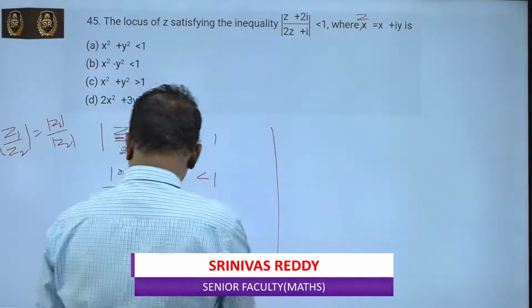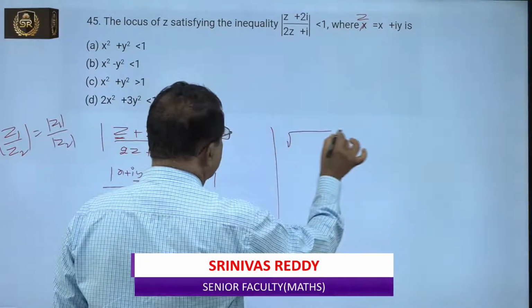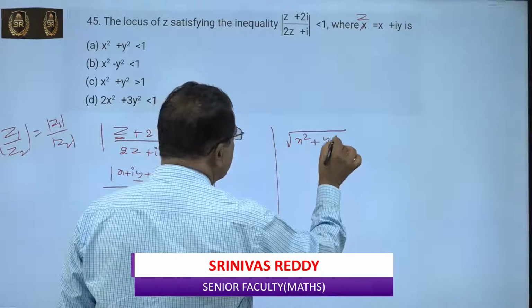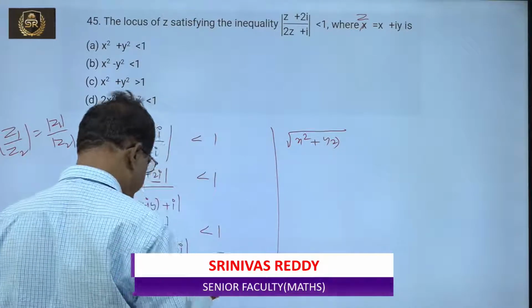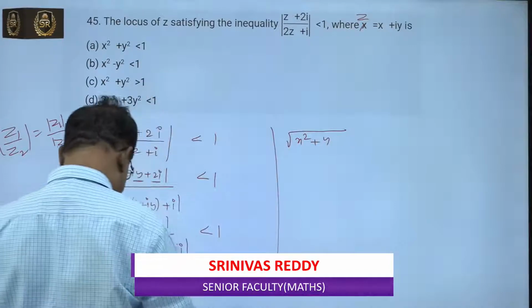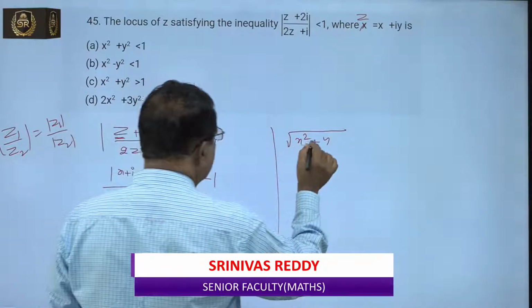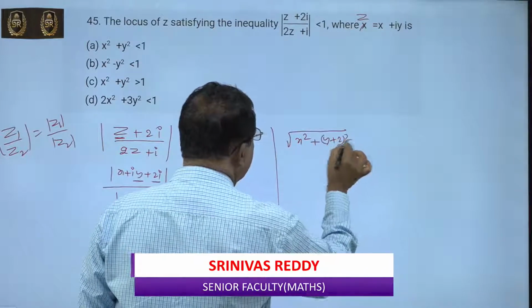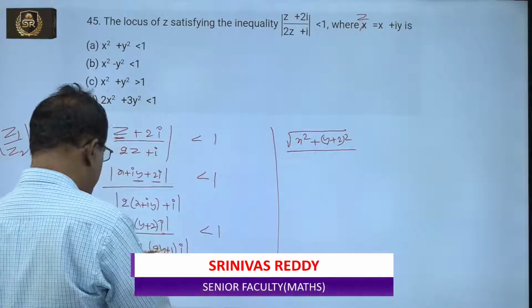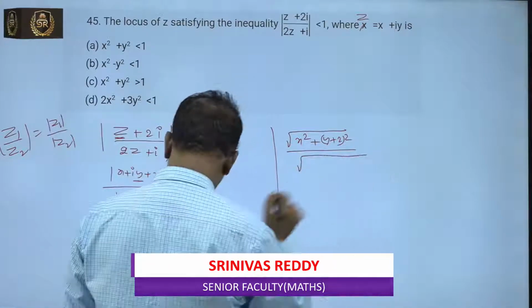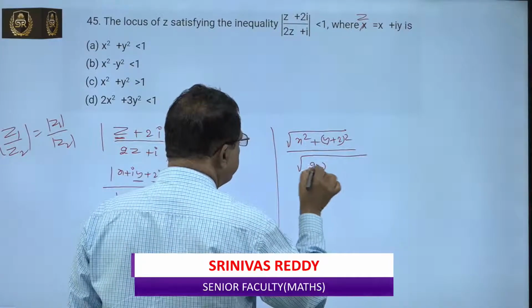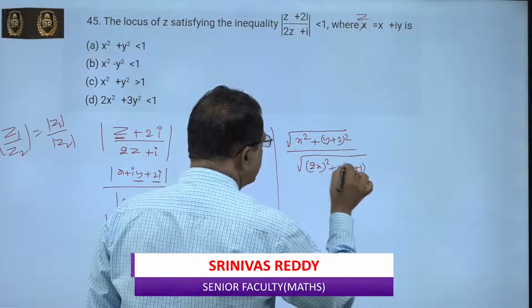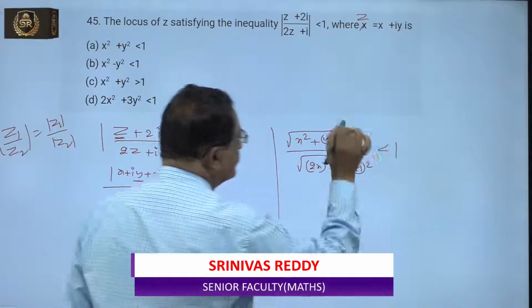Here the real part is x in the numerator, so square root of x square plus (y plus 2) whole square, divided by, in the denominator, its modulus: square root of (2x) whole square plus (2y plus 1) whole square, real part square plus imaginary part square under root, less than 1.